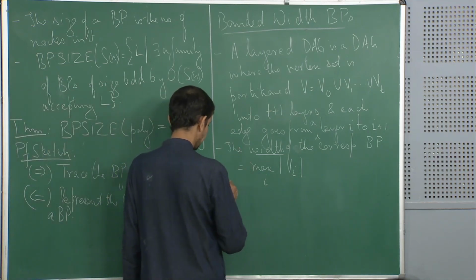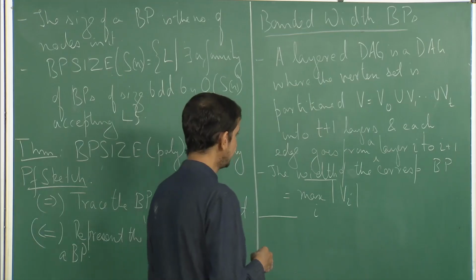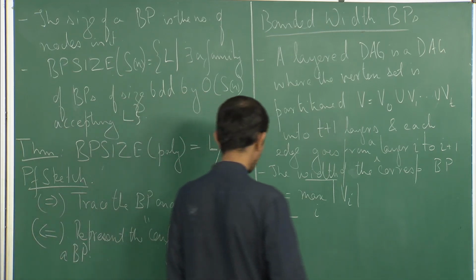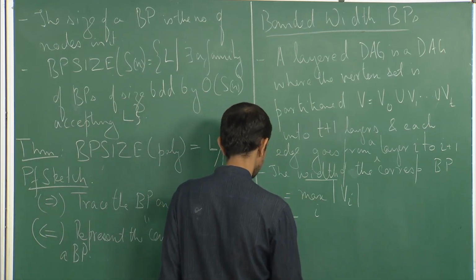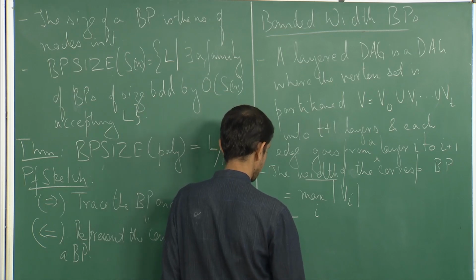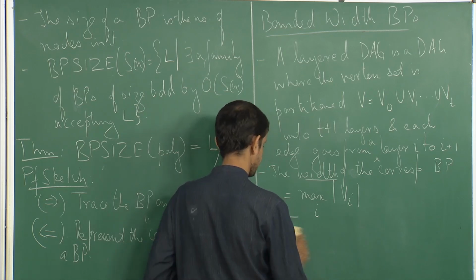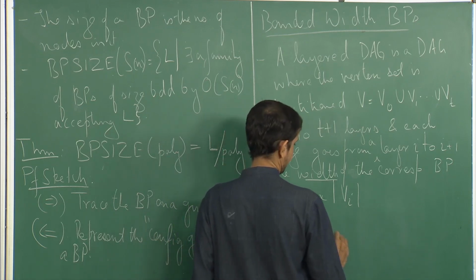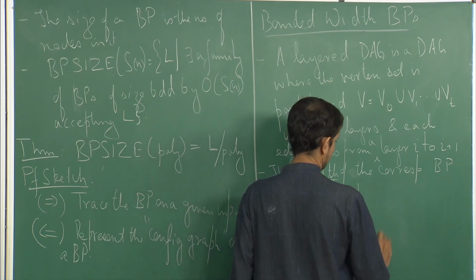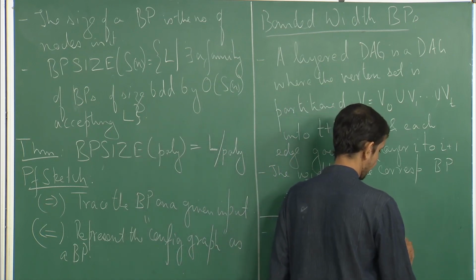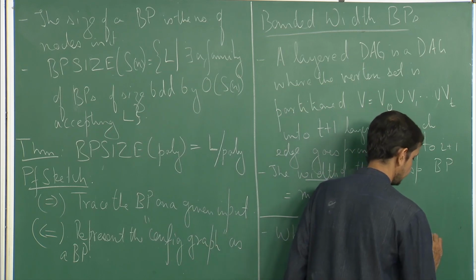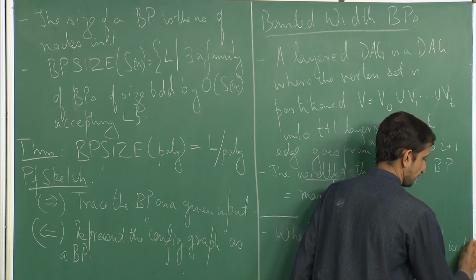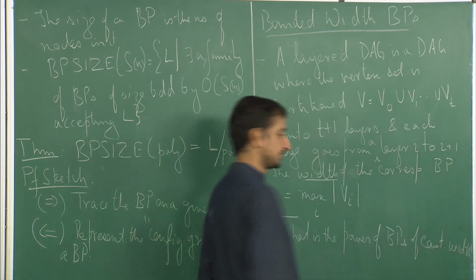In particular, what we will be looking at today is branching programs of constant width. So what is the power of branching programs of constant width? This is the question that we ask.